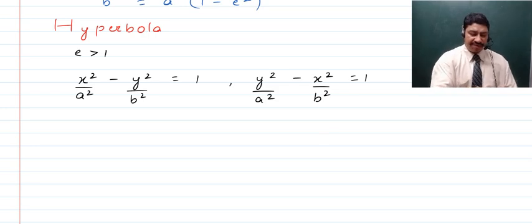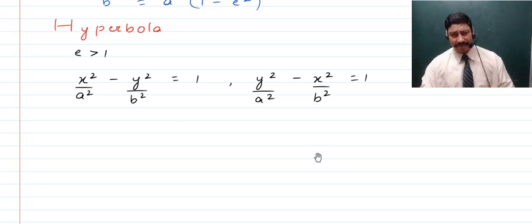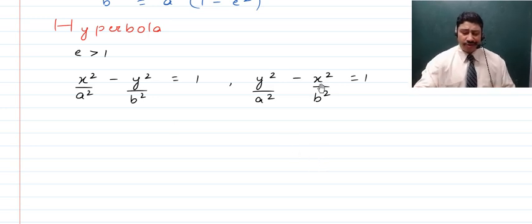Now if you talk about the first one, when the denominator of x is such that it gives a positive sign to x square, then it will be a horizontal hyperbola. And if the denominator of x square is such that it gives this term with x square a minus sign, then this is a vertical hyperbola, right? So these are simple ways of checking out whether the hyperbola is horizontal or vertical.